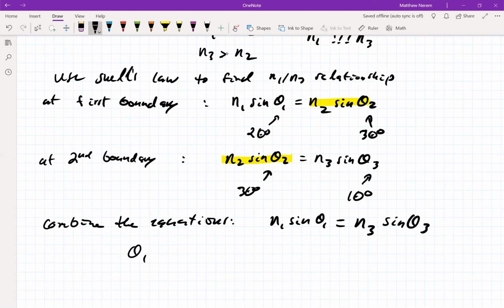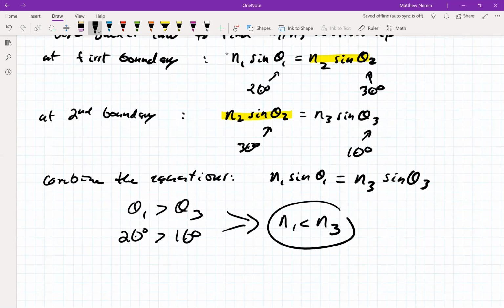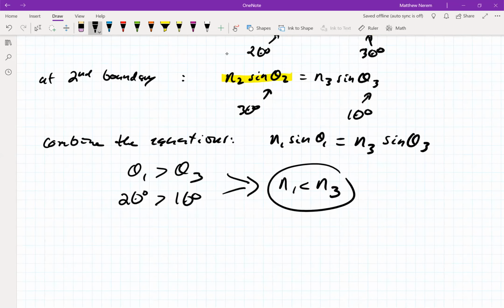Theta 1 is greater than theta 3. As a reminder, this was 20 degrees is greater than 10 degrees. So we have to conclude that n1 is less than n3. And therefore, n3 has the largest index of refraction.